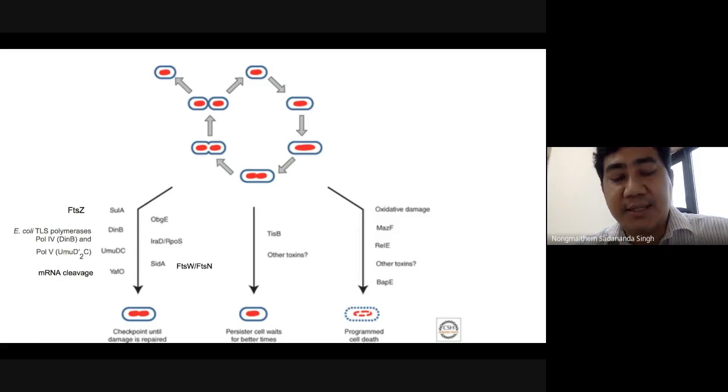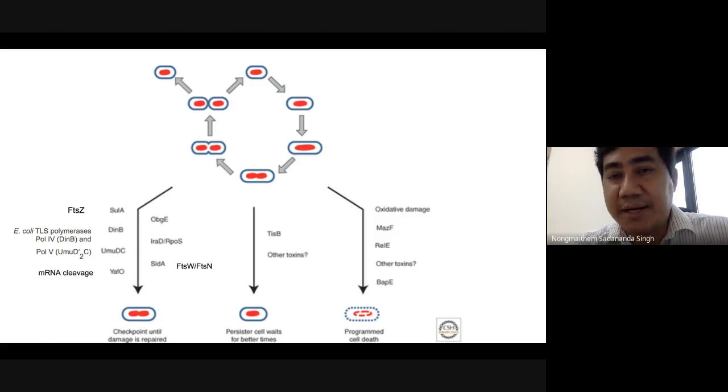What it does is, when SOS response is there, YafO is induced, and YafO binds the ribosomes which are translating an mRNA. This binding activates the nuclease domain of YafO and cleaves the mRNA.